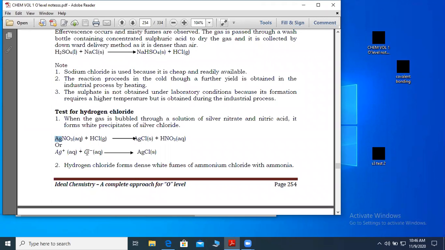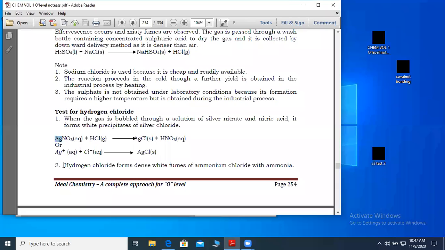So the other test, number 2, when we were looking at ammonia, we said ammonia forms dense white fumes with concentrated hydrochloric acid. I've told you, from concentrated hydrochloric acid, when it fumes, hydrogen chloride fumes are formed.